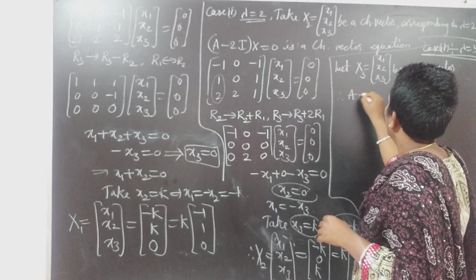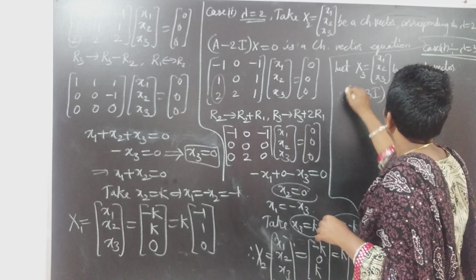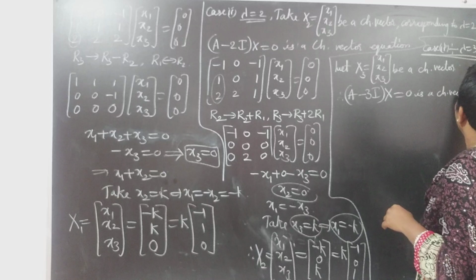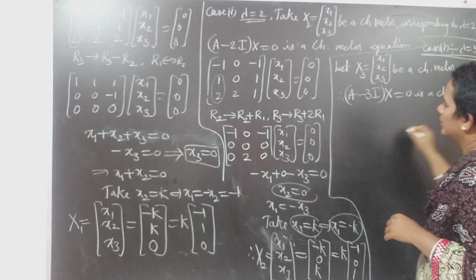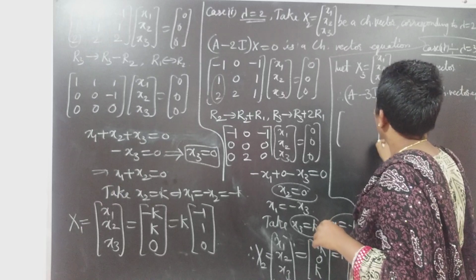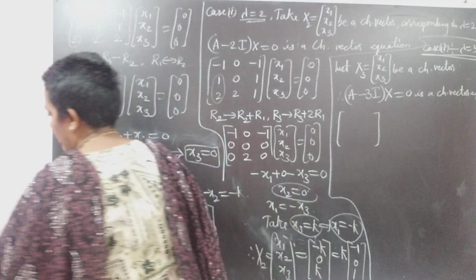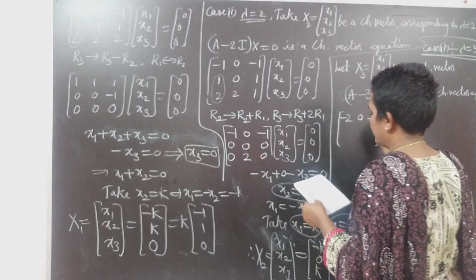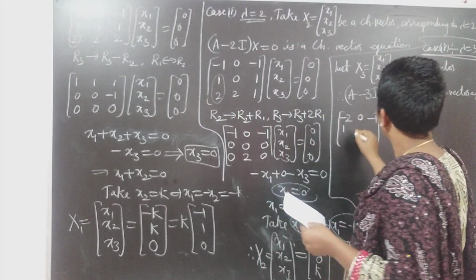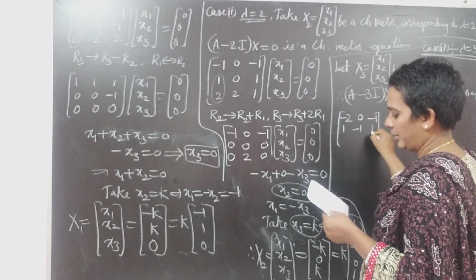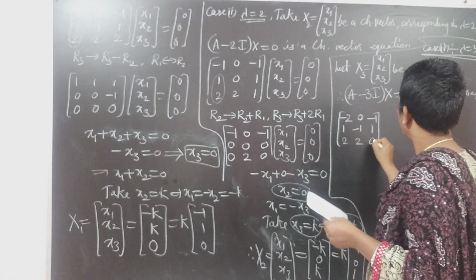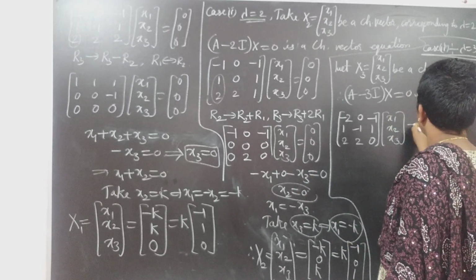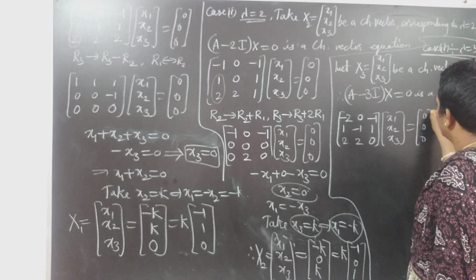Therefore, A minus 3I into capital X equal to 0 is the characteristic vector equation. Here A minus 3I means 1 minus 3 is minus 2, 0, minus 1, 1, 2 minus 3 is minus 1, 1, 2, 2, 3 minus 3 is 0, into x1, x2, x3 equal to 0, 0, 0.